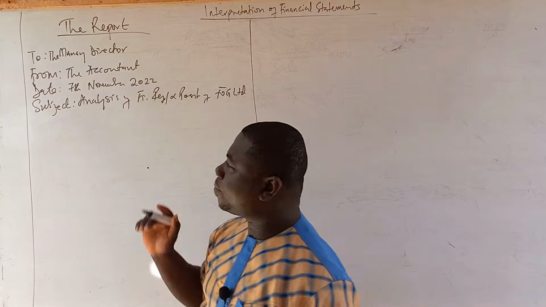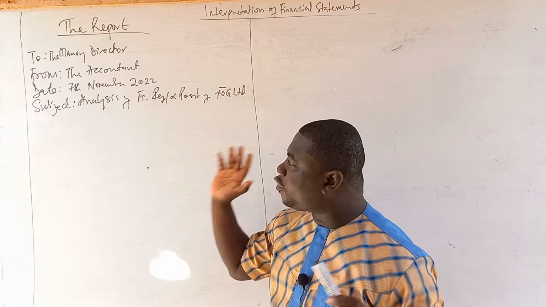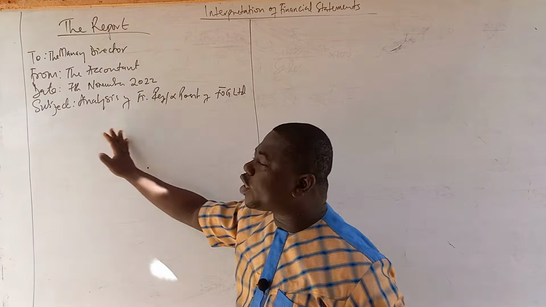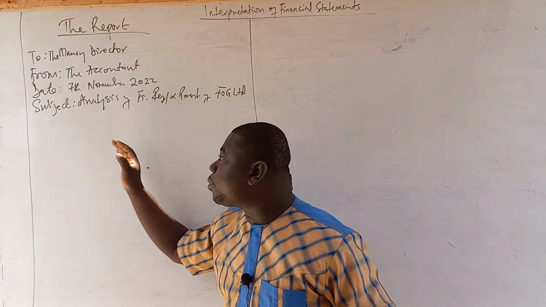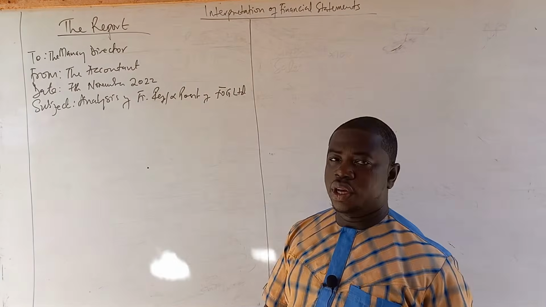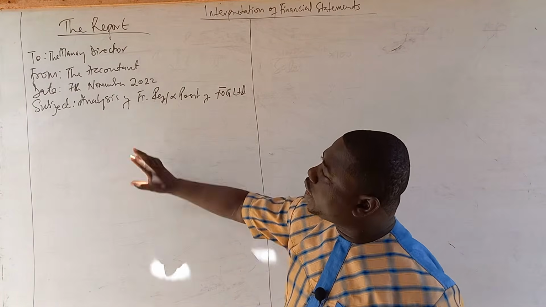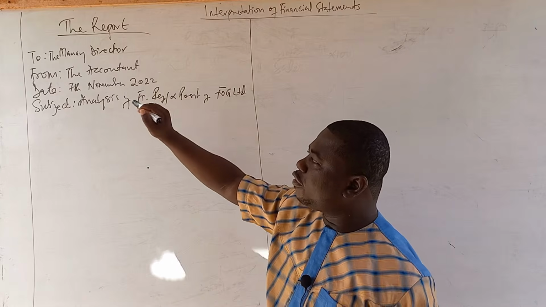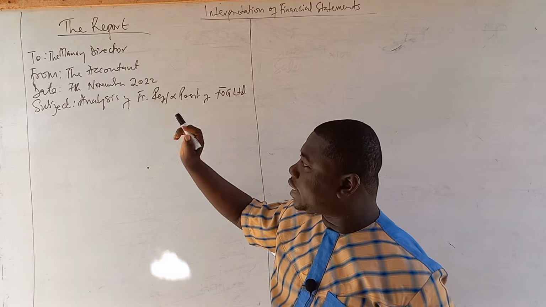So that is the subject, as brief as possible. Don't write a long sentence that will curve, and some people even put a full stop and continue. No, that is done in the introduction level. So these are the first things that you do: to, from, subject, date, and then the subject.